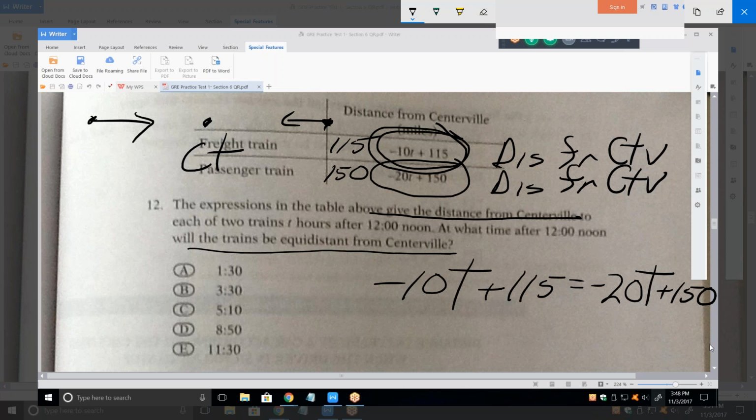If I said, where's the freight train at the end of 1 hour? It's 105 miles, right? In other words, if you plug in 1 for t and solve that, the freight train is 105 miles from Centerville after 1 hour.